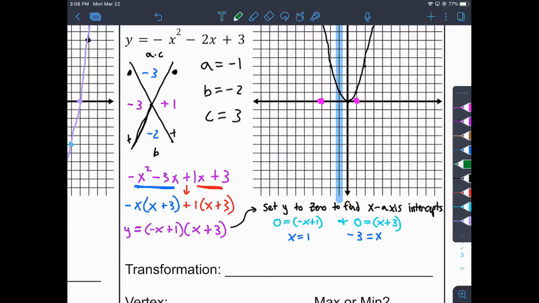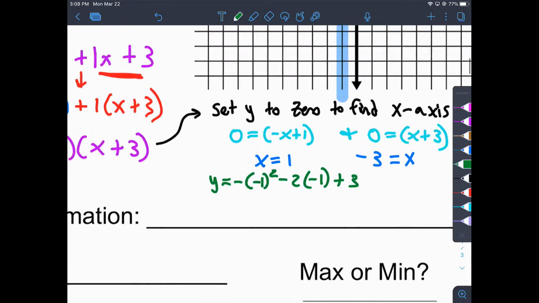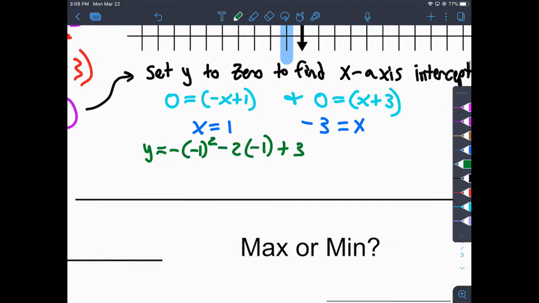I have y equals negative times -1 squared minus 2 times -1 plus 3. There we go. I'm going to zoom in on it now. If I find the answer to this, I will know exactly where my vertex is. -1 squared is a positive 1, but there's a negative on the outside, so it's really -1.